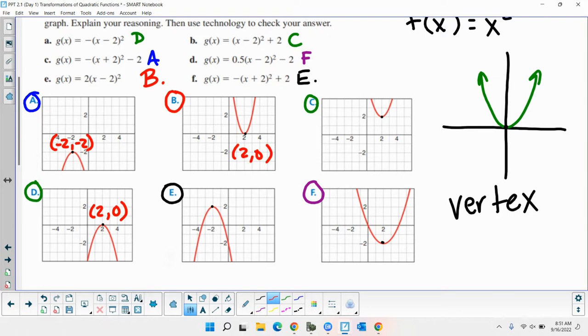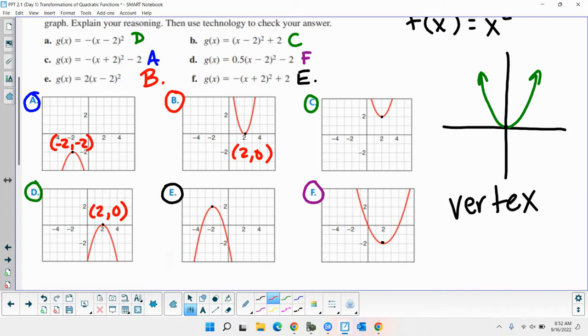Okay? So when it's written in that form, like these were, in the vertex form, just by looking at it, you can tell where the vertex is of your parabola. Okay? If you see a negative out front of it, that means it opens down. If there's no negative out front, thank you, Emma.